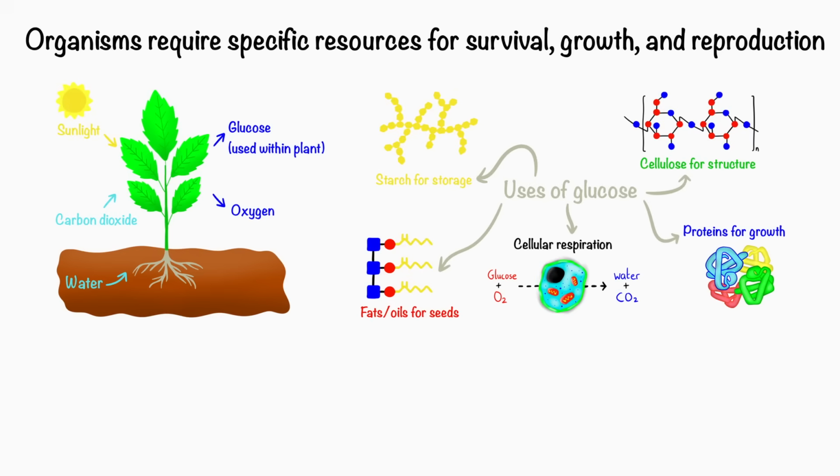Within ecosystems, organisms require specific resources for survival, growth, and reproduction. Plants need light for photosynthesis, space for their body to grow, water for metabolic processes, and mineral ions from soil for building proteins and other essential molecules.